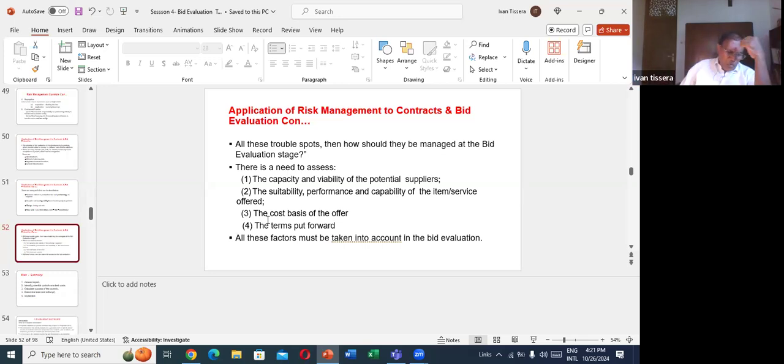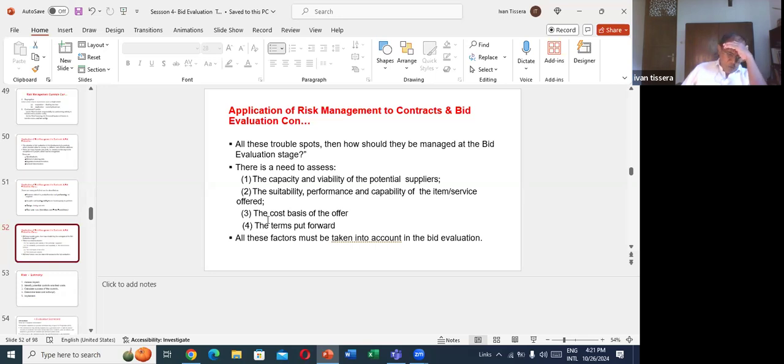What I want to conclude is that, in addition to all the tools we use to identify the weightage, quality, performance, etc., another area is the risk.